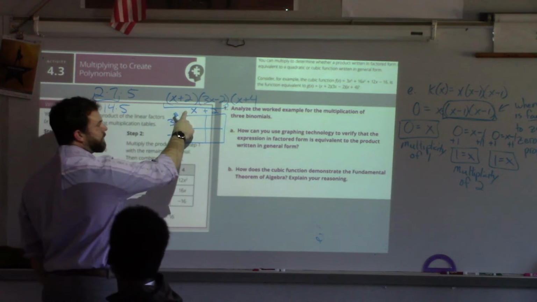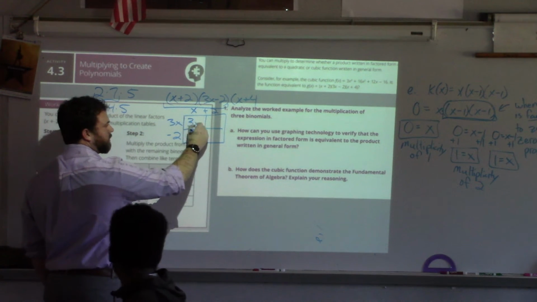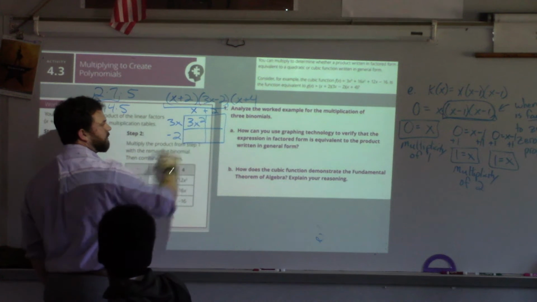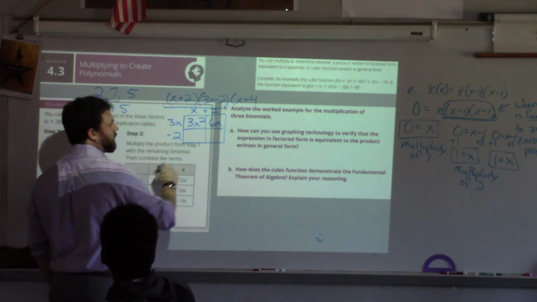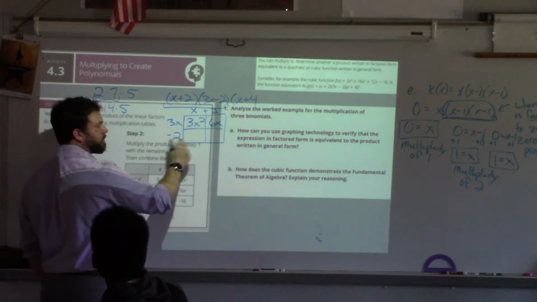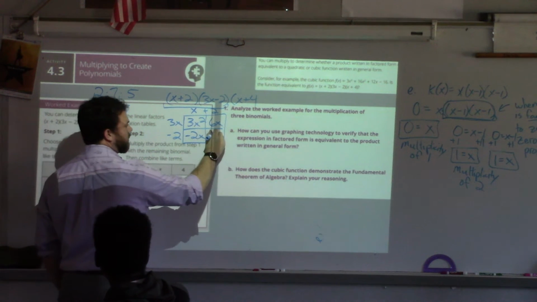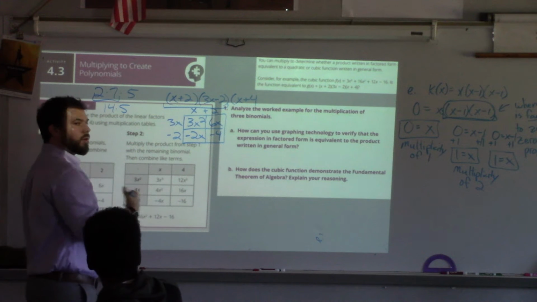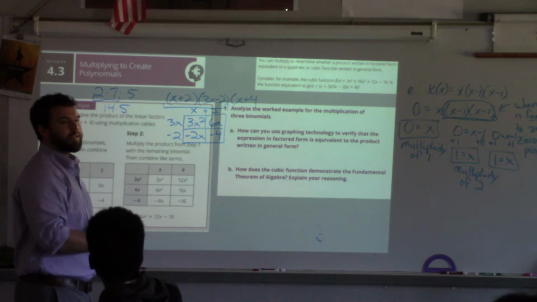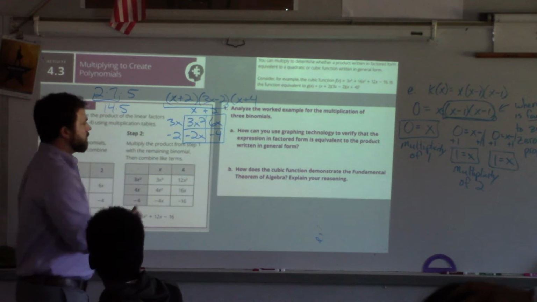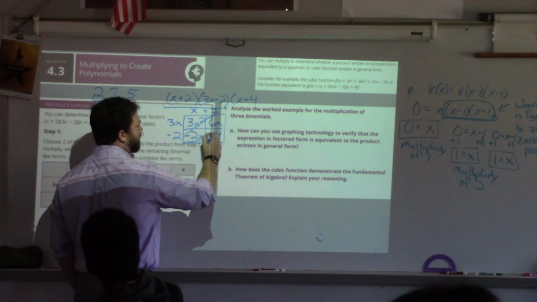What is 3x times x? 3x squared. What is 3x times 2? What is x times negative 2? And then negative 2 times 2? Negative 4. And then look for your like terms. Do we have any like terms? 6x and negative 2x.